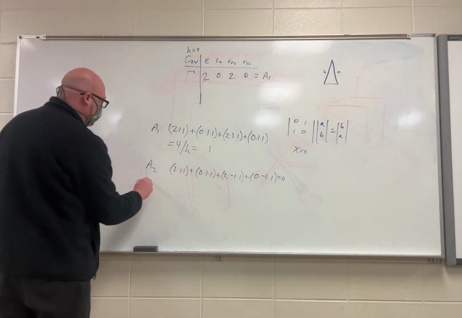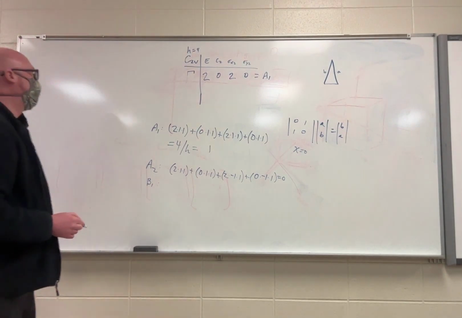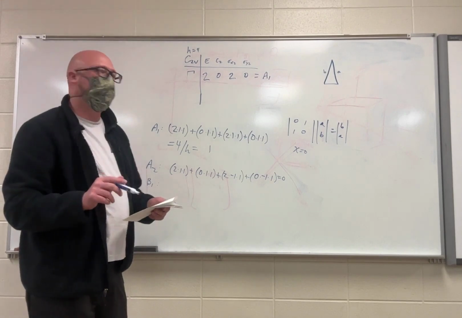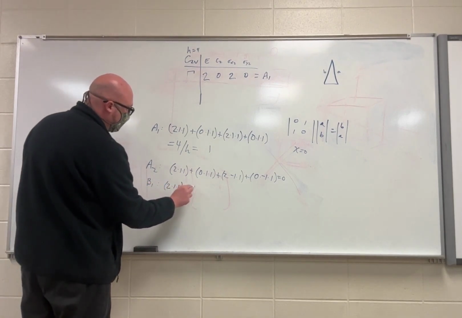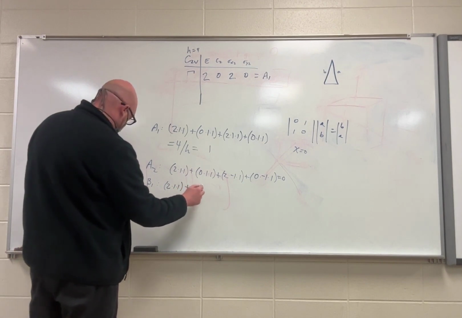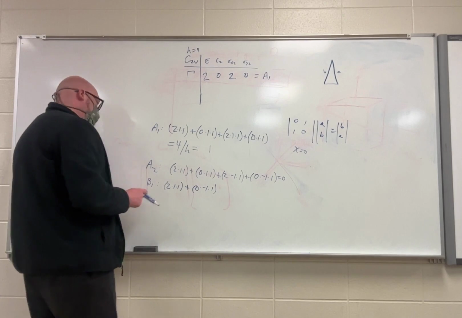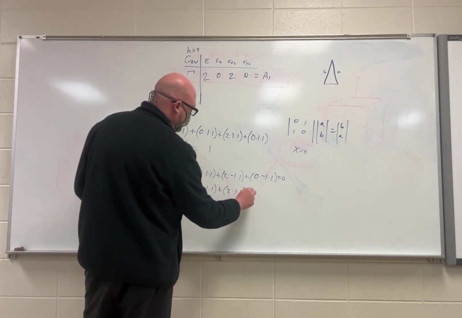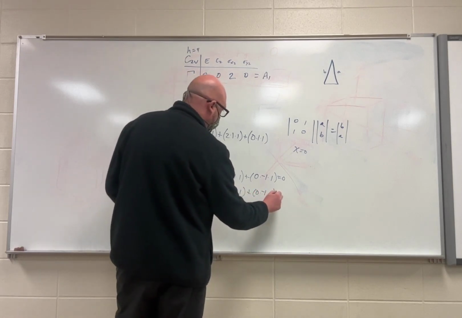Right, go to B1. The characters of B1 are 1, minus 1, 1, minus 1. So we have 2, 1, 1 here, 0, minus 1, 1, and then we have 2, 1, 1 here, plus 0, minus 1, 1.